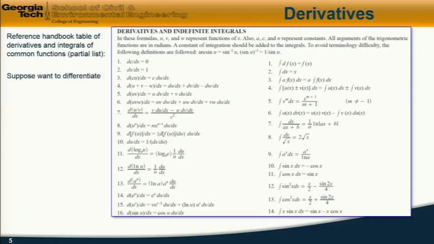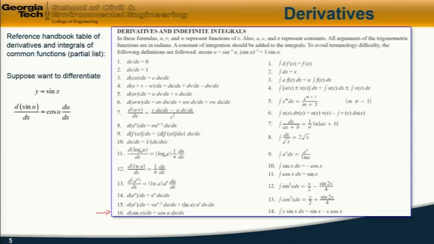Let's suppose, for example, we want to differentiate with respect to x, y equals sine x. So from this table, the last one here, number 16, we see that the general formula, d of sine u by dx, is equal to cosine u du by dx.